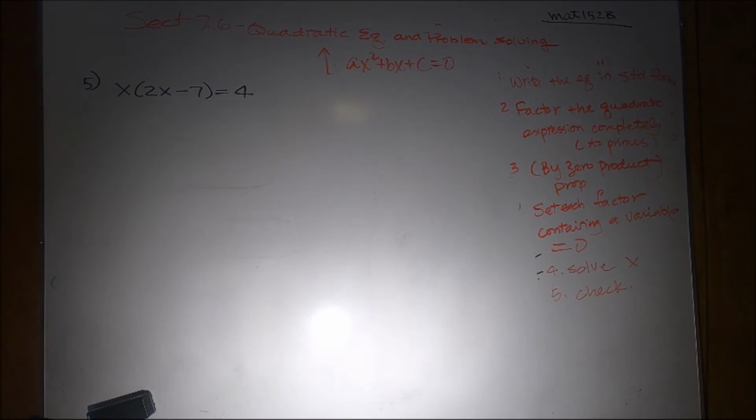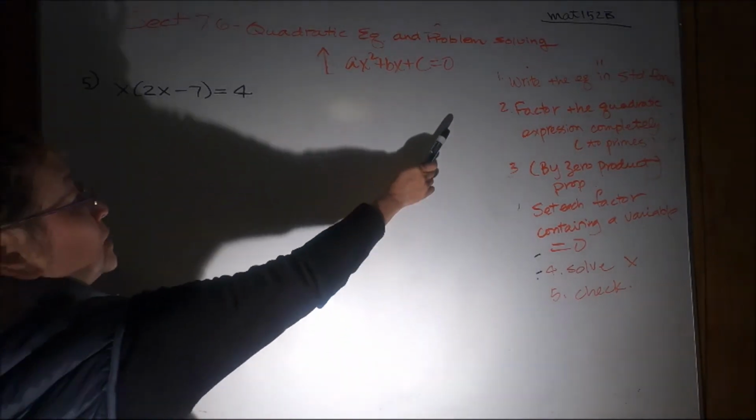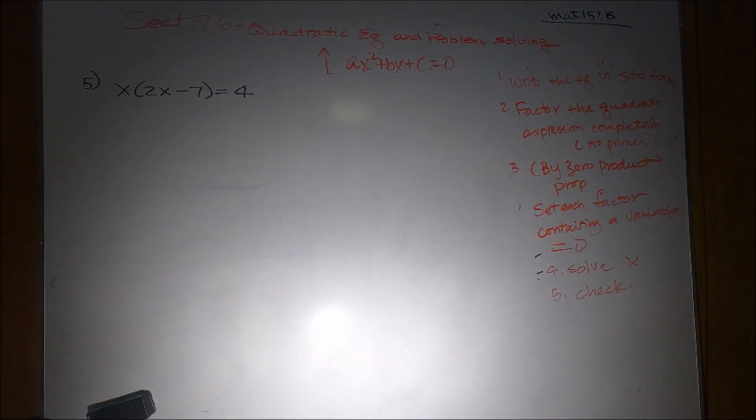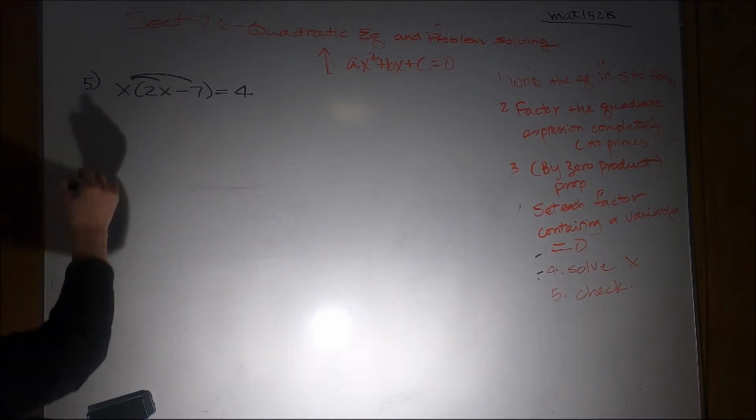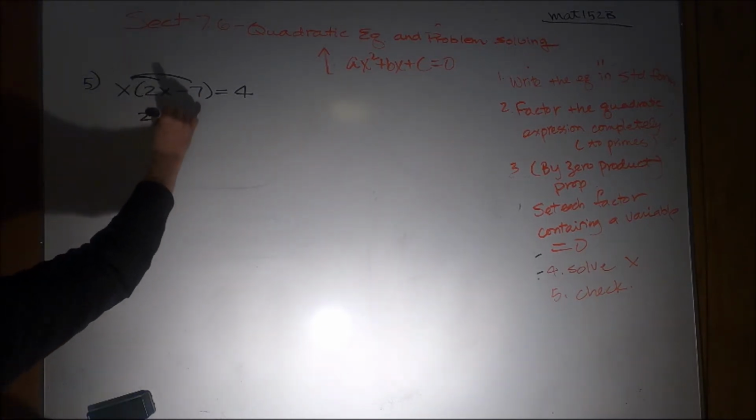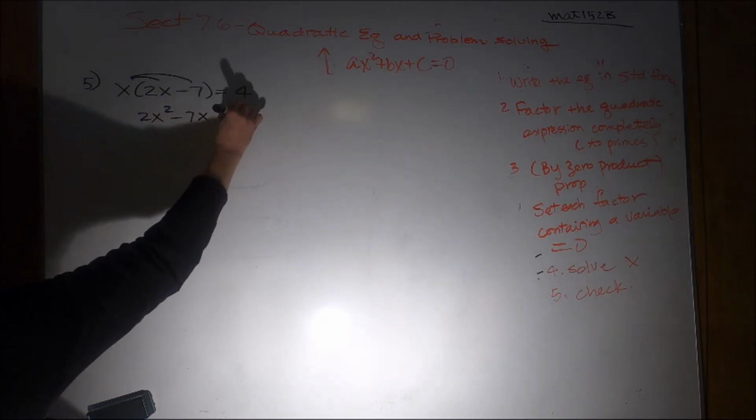We say, what should we do to solve a quadratic equation? How should we start? First step, write the equation in standard form. So how do we do that? You distribute: 2x² minus 7x equals 4.